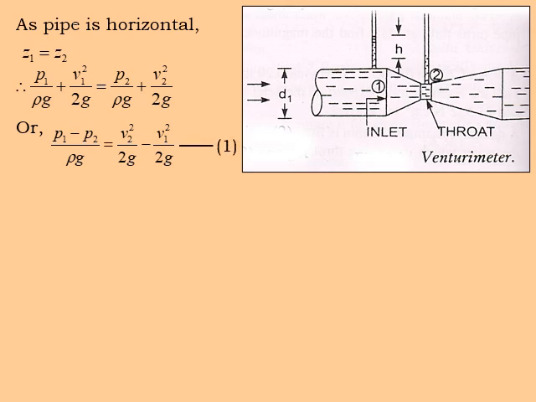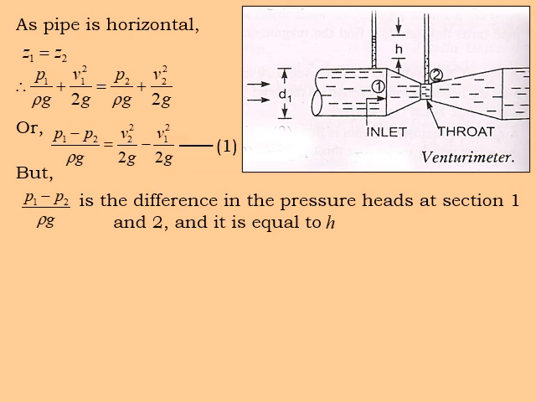So that is expression number 1. P1 minus P2 by rho g is the difference in the pressure head at section 1 and section 2, and it is equal to H, or H equals P1 minus P2 by rho g.